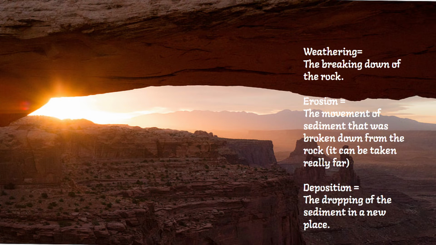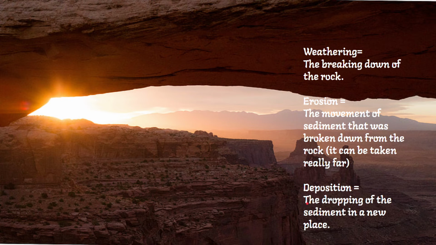When the rock is done breaking down, those sediments will be pushed away into a different place, and it can be taken really far. It doesn't have to be just 1 yard. It can be taken 1 mile or even longer.